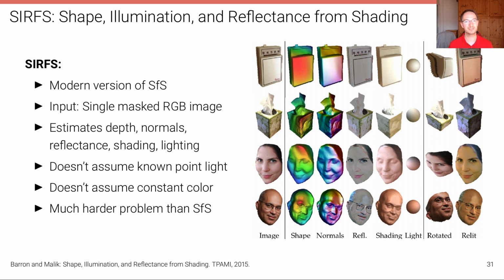For example, between the environment map, the light map that is unknown, and the appearance of the object.